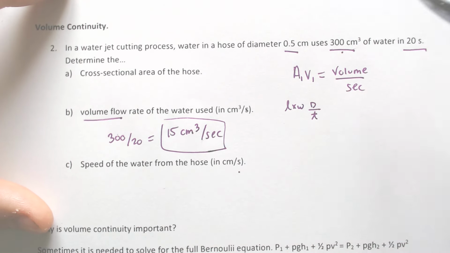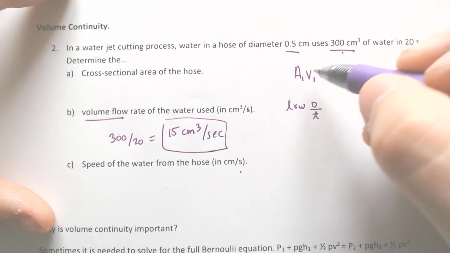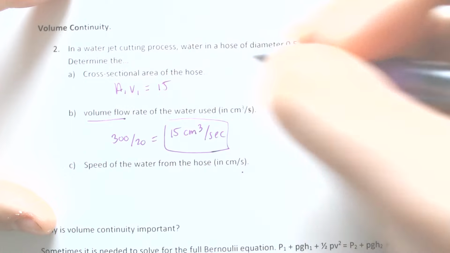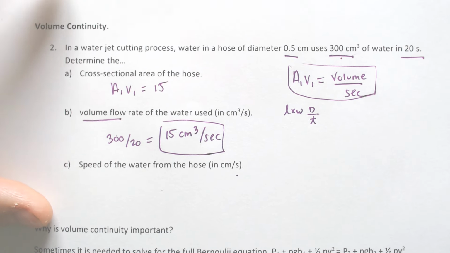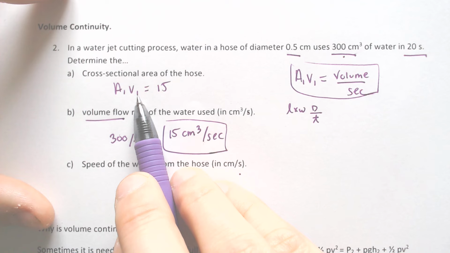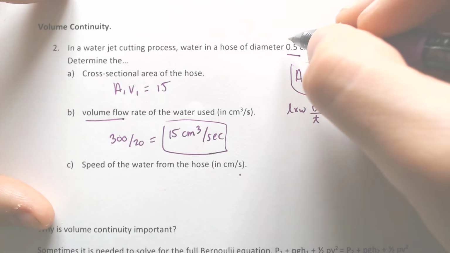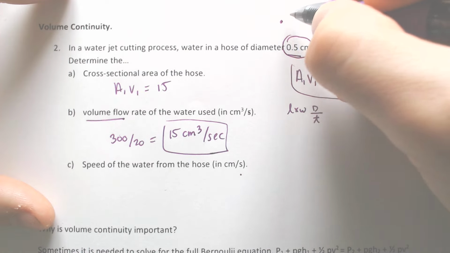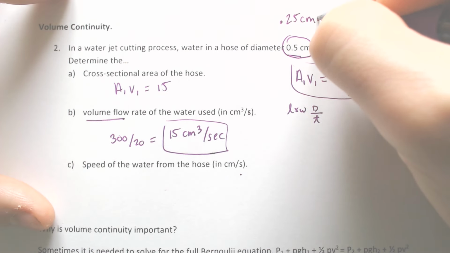Well, the cross-sectional area of the hose is going to be equal to the volume per second. So we have A1v1 equals 15. All right. So A1, we don't know. V1, actually, we could figure out the cross-sectional area without doing any of that stuff. We got 0.5 centimeters right here, so that would be 0.25 centimeters for the radius.